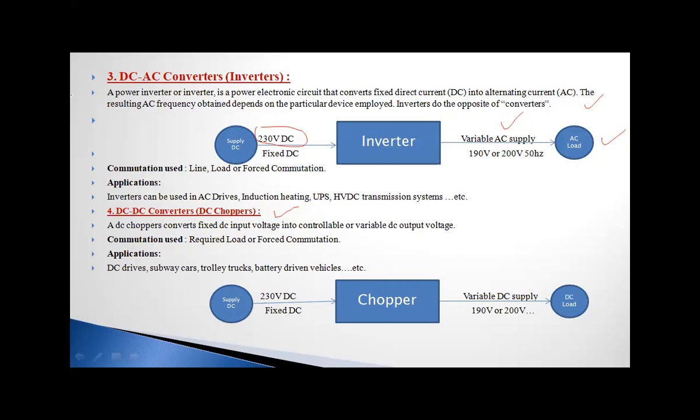So chopper converts fixed DC input voltage into variable DC output voltage.